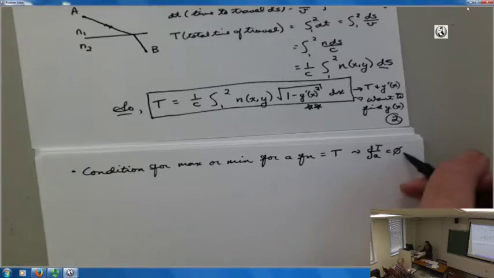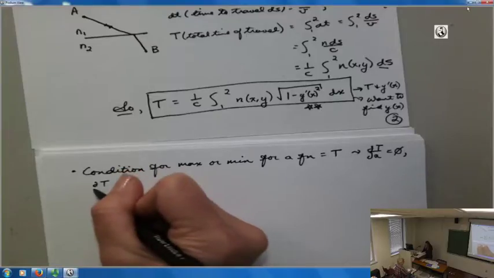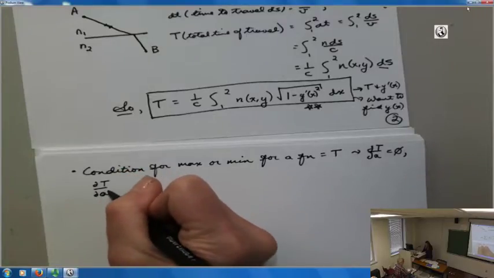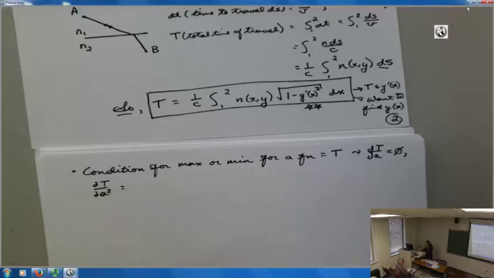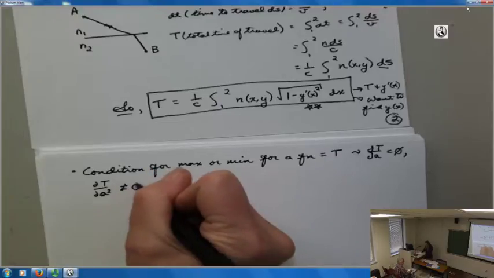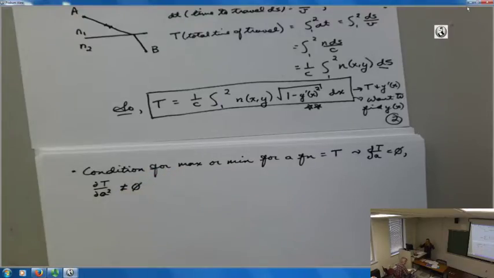And that the second derivative of t with respect to that something would be non-zero, really. Because if it were 0, then you would just be at a sort of constant, wouldn't it actually be a maximum or a minimum?